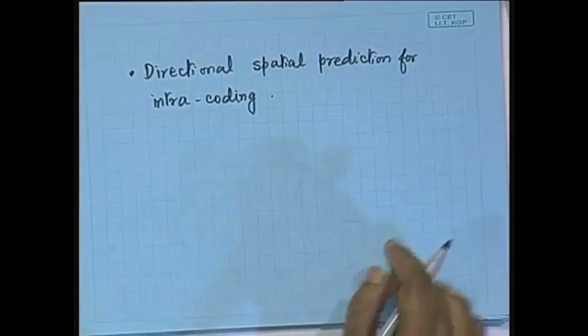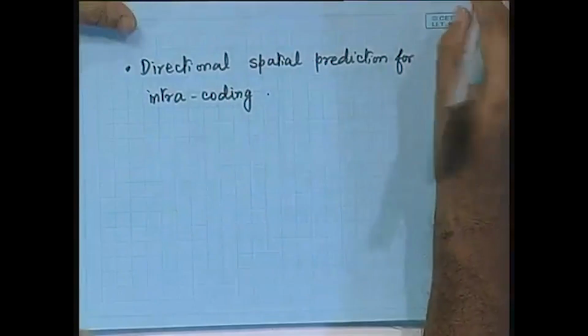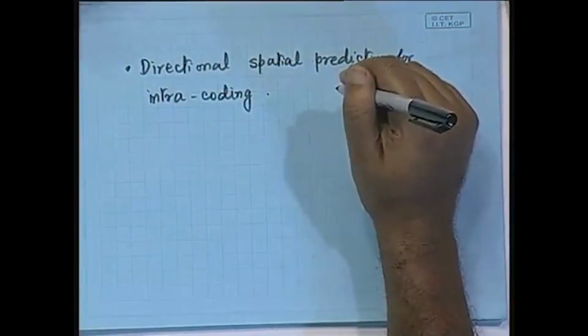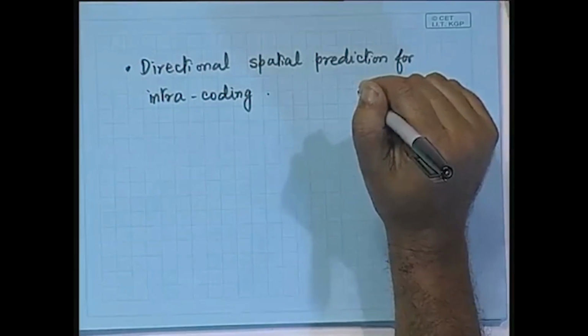What we mean by directional spatial prediction for intra coding is this. In the intra-coded blocks or intra-coded macroblocks, no prediction is employed; no past reference can be used for the intra blocks or intra macroblocks.